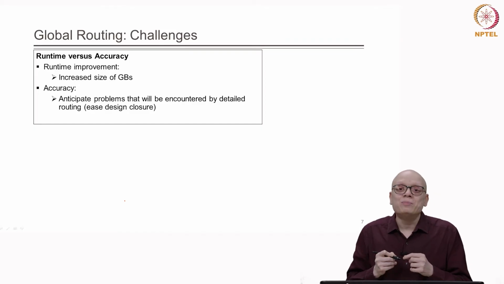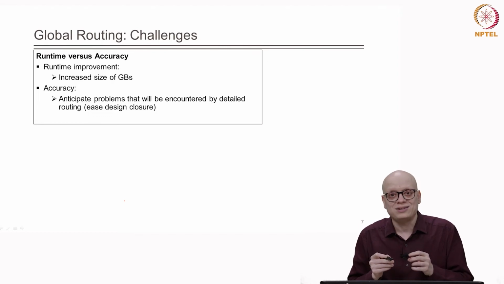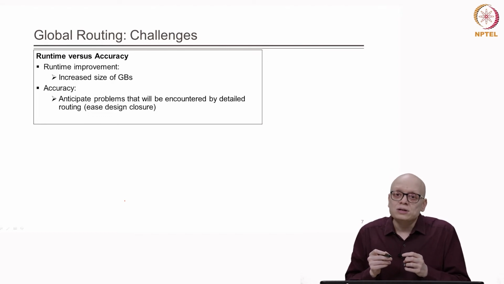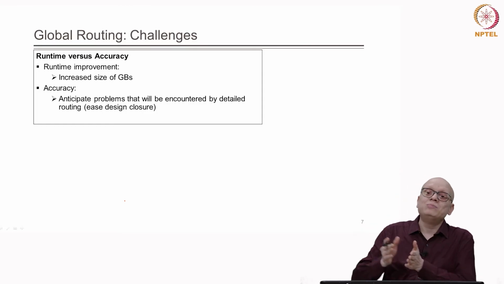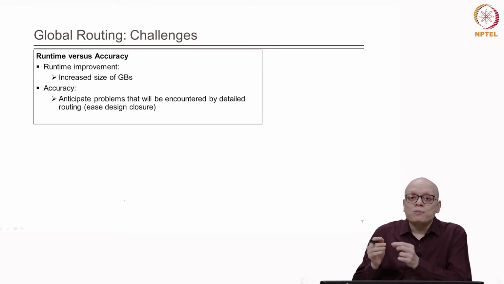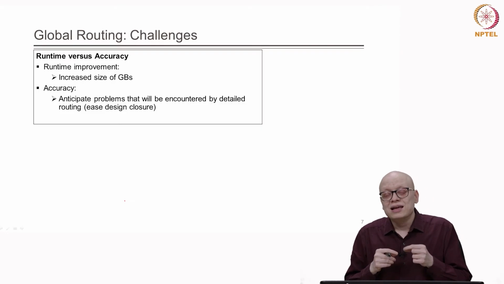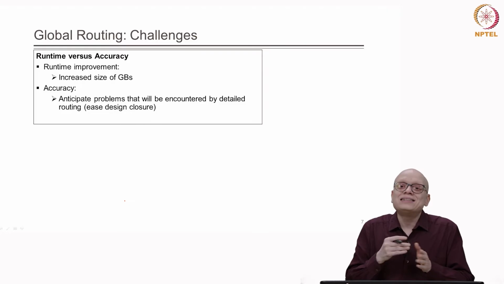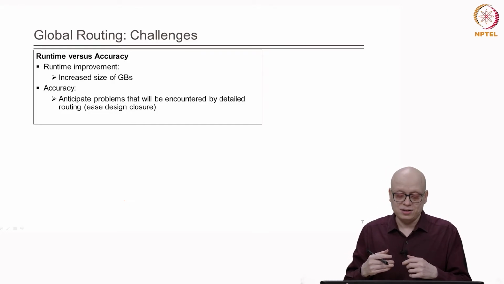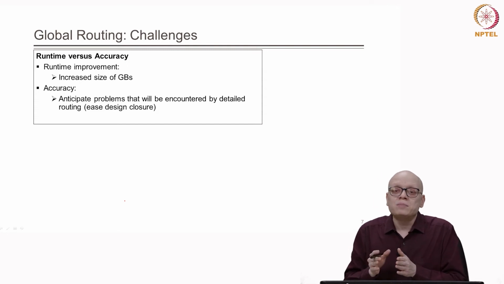That is a very bad thing, because our design time, effort and computation time has gone to waste. So the responsibility of global routing is to anticipate the problems that will be seen by the detailed router. If there are issues, for example congestion or overflow, those problems should be flagged during global routing itself, and a designer can then take corrective action. For example, if some perturbation in placement is required, then it can be done, and so on.